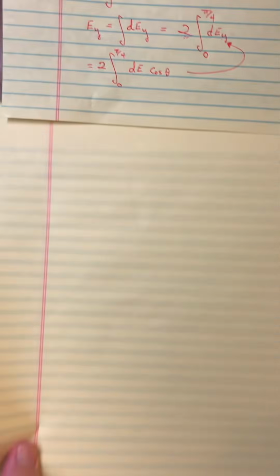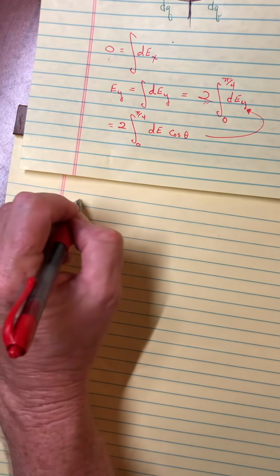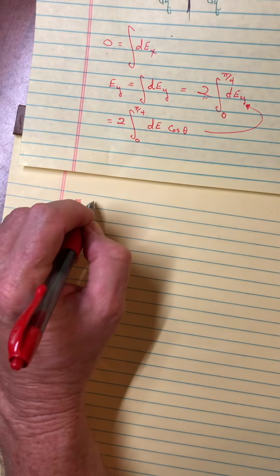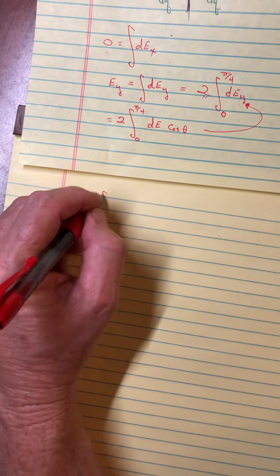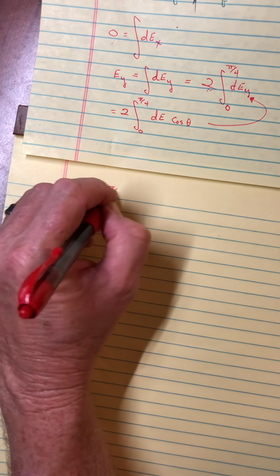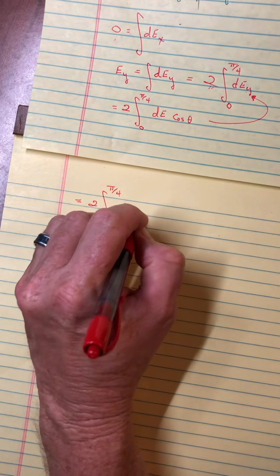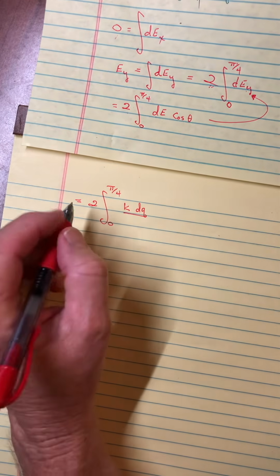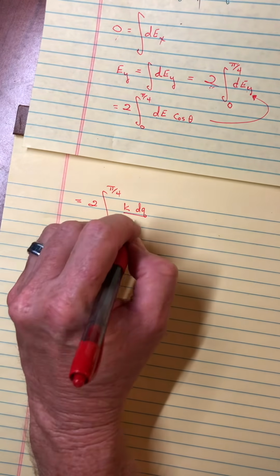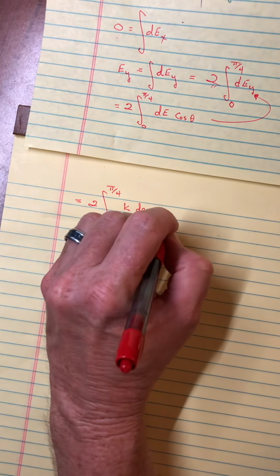Okay. So continuing on here, I've got a 2. And again, I'll just put my limits of 0 to pi over 4. And then this is Coulomb's constant times a little bit of charge, dq. And then the distance away, r squared, and then cosine theta.